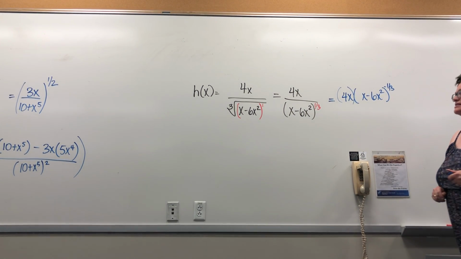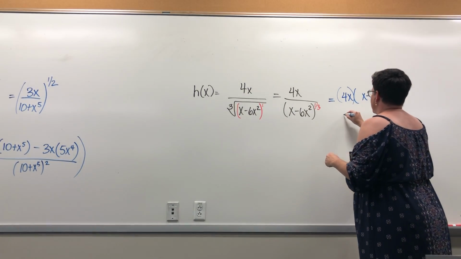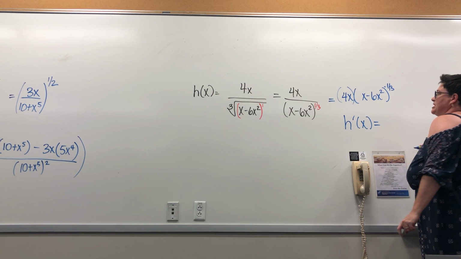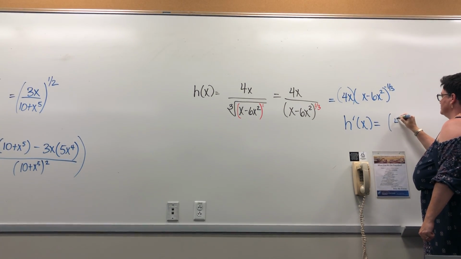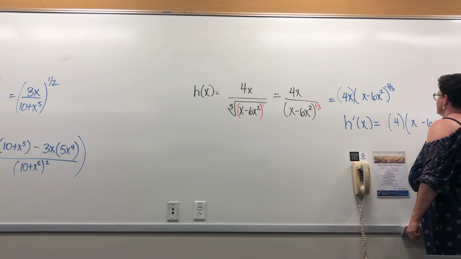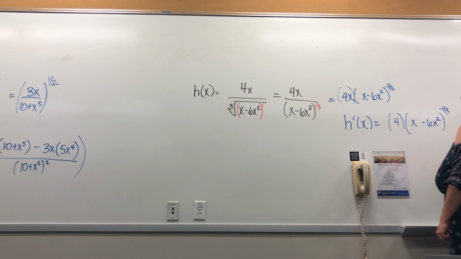what's my derivative, guys? Let's do the product rule just for giggles. So h prime is going to be, what's my u prime? What's my v? Oops, x minus, apologies guys, x minus 6x squared to the negative 1/3. That's u prime v plus, what's my u? And what's my v prime?